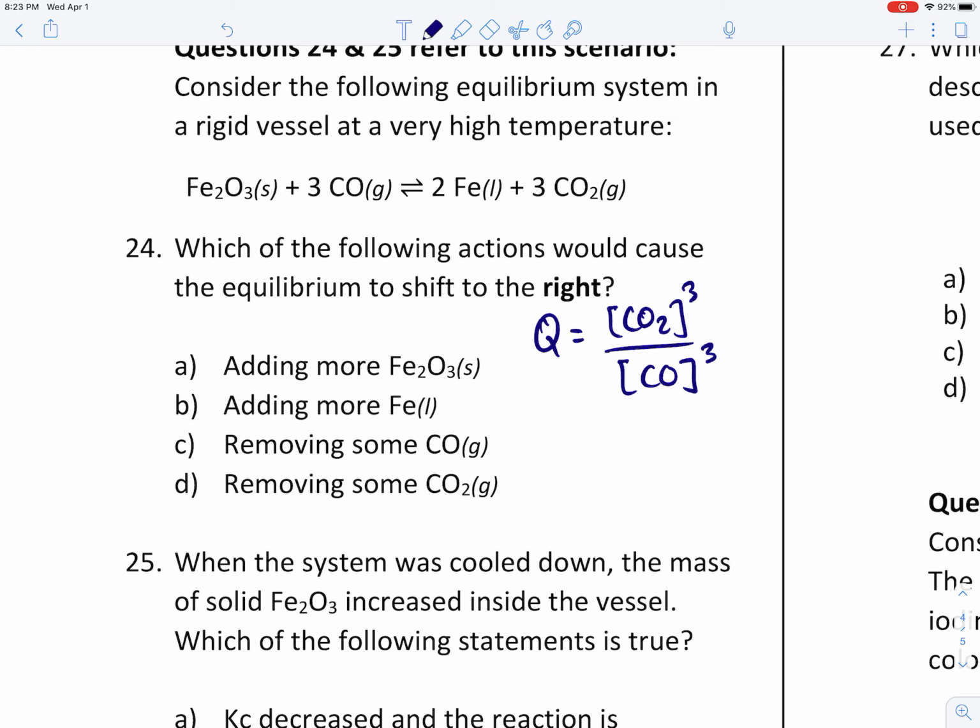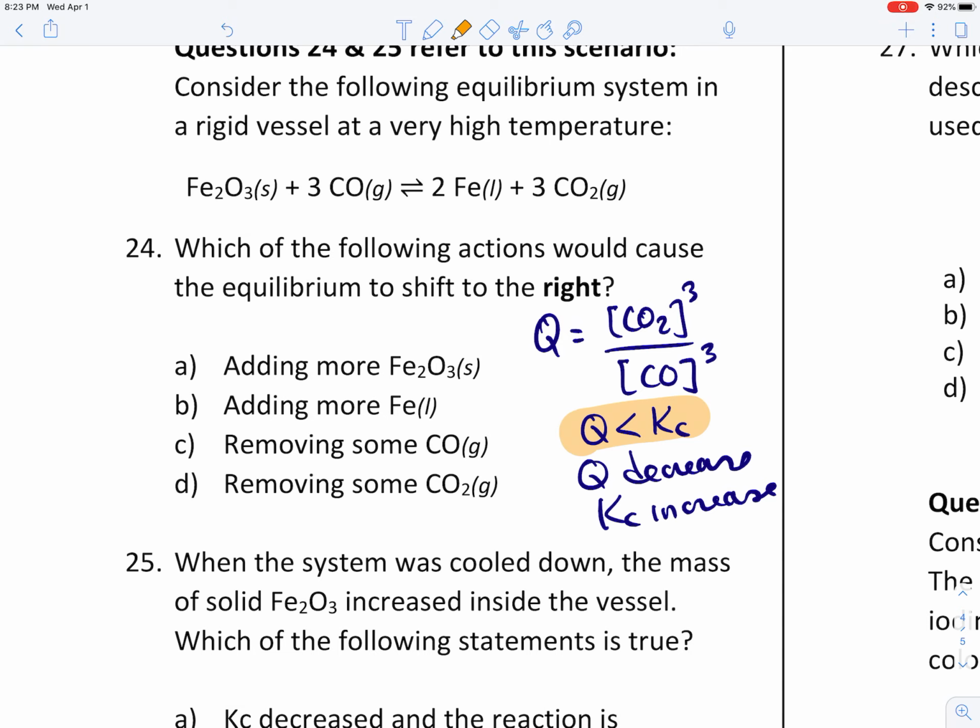So the question is, which of the following would cause the equilibrium to shift to the right? Well, equilibrium shifts to the right, shifts forwards, if Q is less than Kc. So anything that would make Q get smaller or Kc get bigger will result in Q being less than Kc. So we'd like Q to decrease, or we'd like Kc to increase in order to achieve Q being less than Kc.